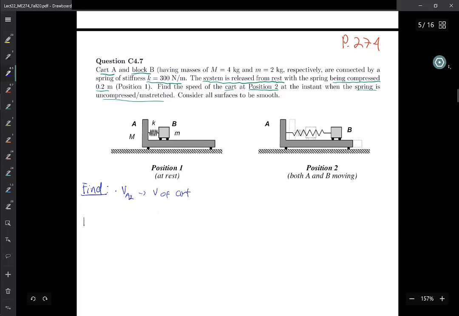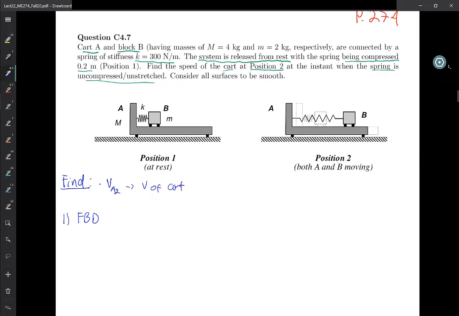Okay, so we do a free body diagram. Which strategy do I follow? Do I break up my system, or do I look at the system as a whole? I keep my system together, because it's quite clear that I will need to use work energy, since we have compression of springs and changes in speed.